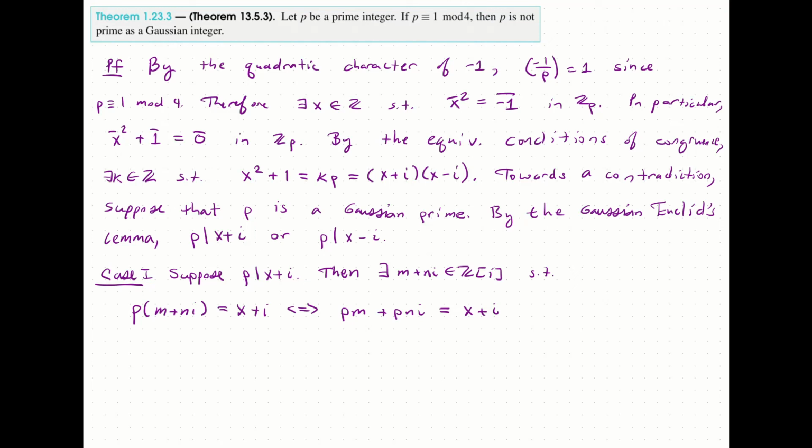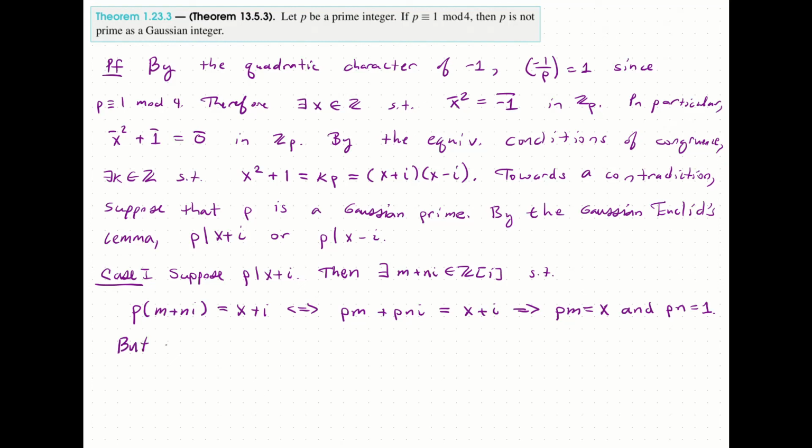Because remember, x is an integer. That's how we constructed it. And p, by assumption, is a prime integer. And so what this is saying is that in order for this to be true, we have that pm is equal to x, and pn must be equal to 1.